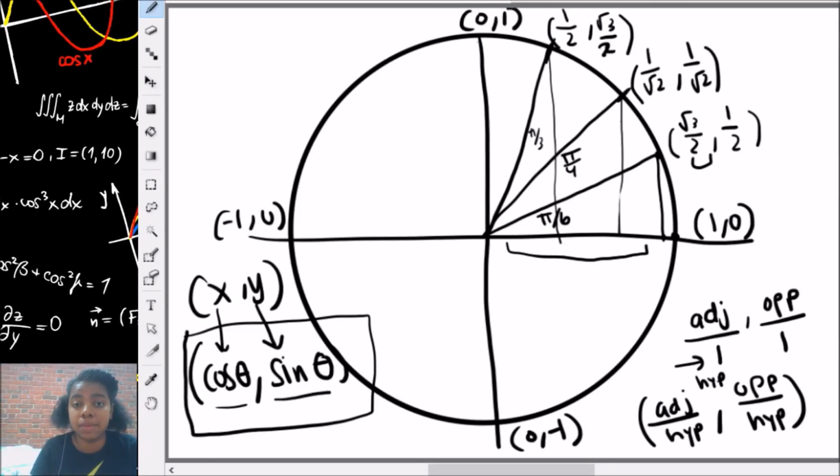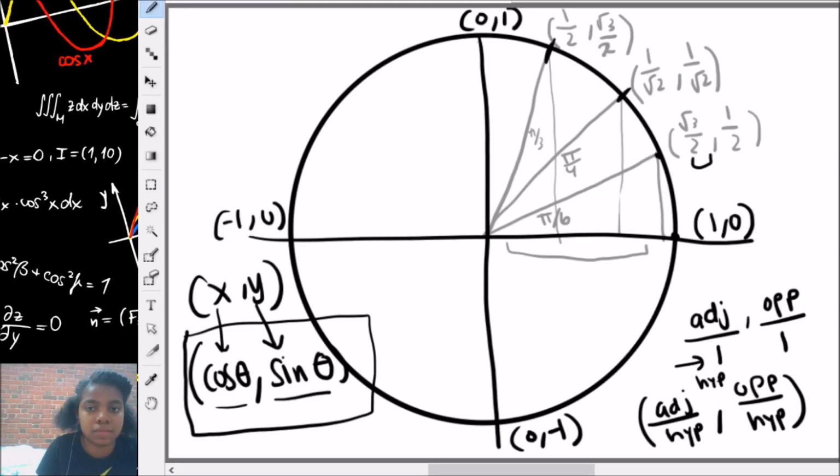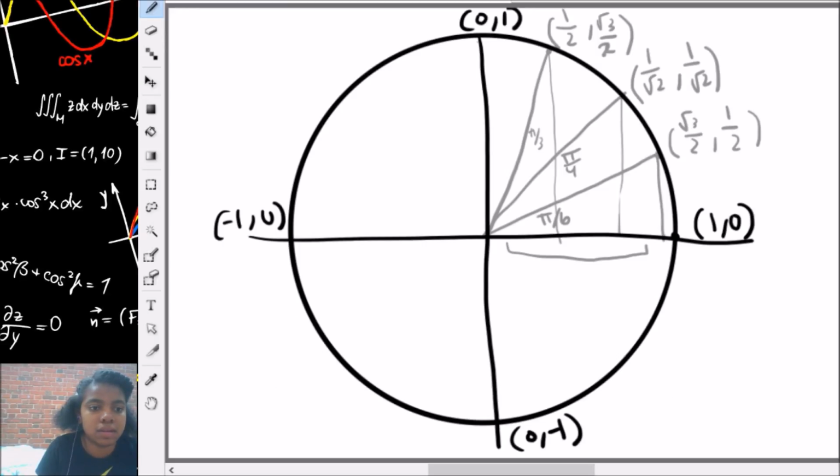Okay, so we talked about values of these angles in the first quadrant, but now we want to talk about the other 3 quadrants. So I'm just going to push these down and tap these out.